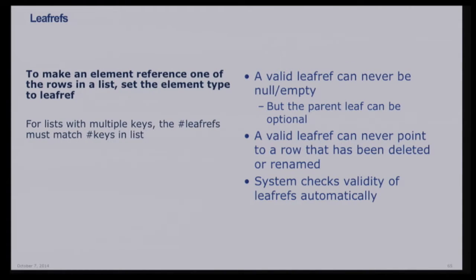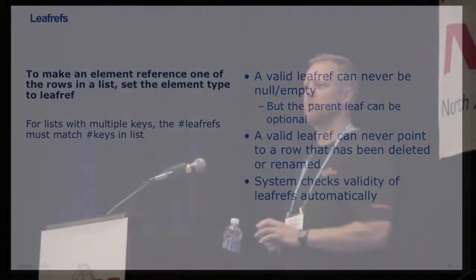A good example of this is named security policies, which can be referenced from configuration, for example, for interface contexts or verb contexts. By using leafrefs here, if you're referencing a named policy, we check that the policy actually exists. So in order to reference it, it needs to be created first.